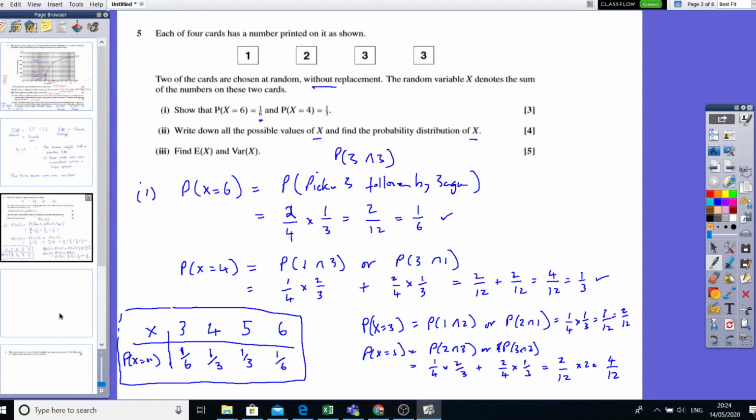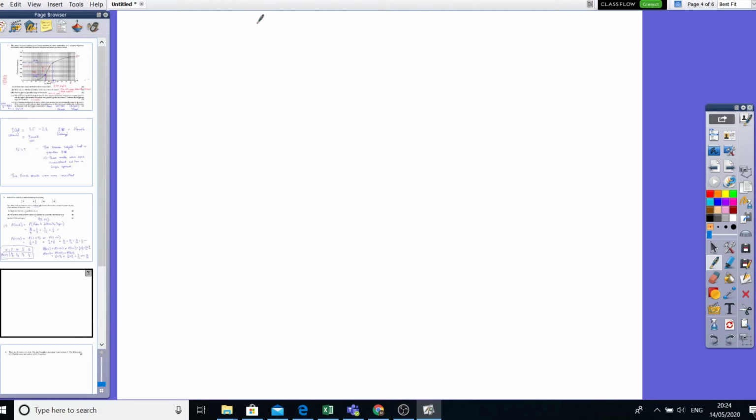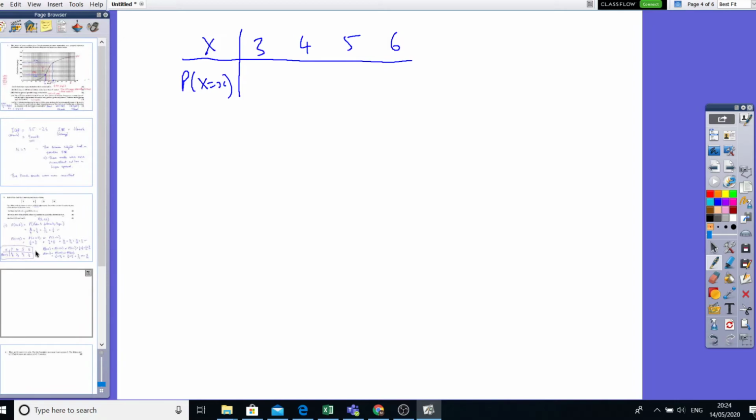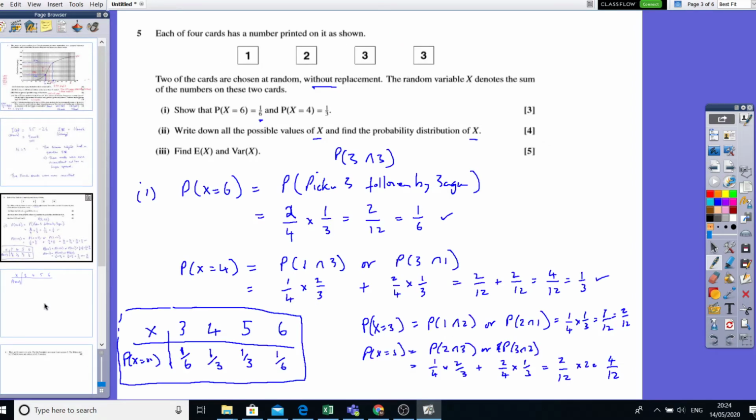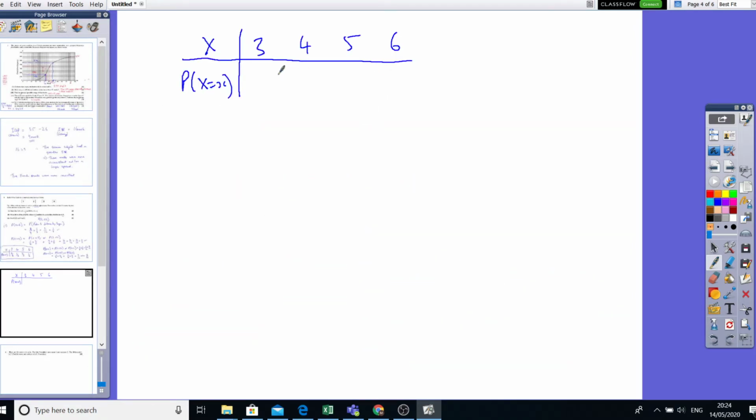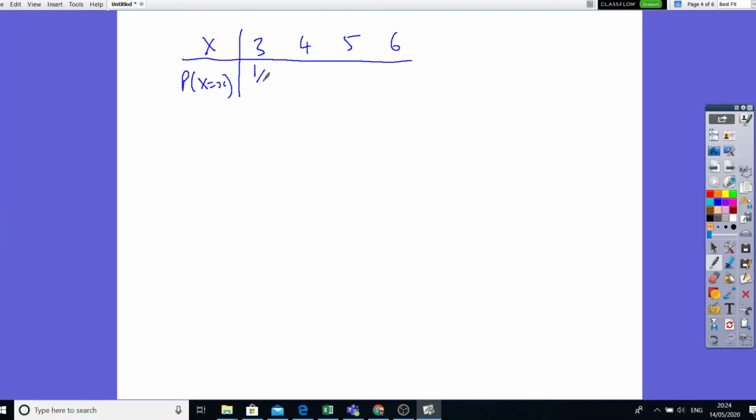So let's get this table drawn at the bottom. You've got x and the probability, make it small x, and as we said before, this was a 3, a 4, a 5, and a 6. Just quickly look at this. That was 1/6, that's 1/3, that's 1/3, and that's 1/6.